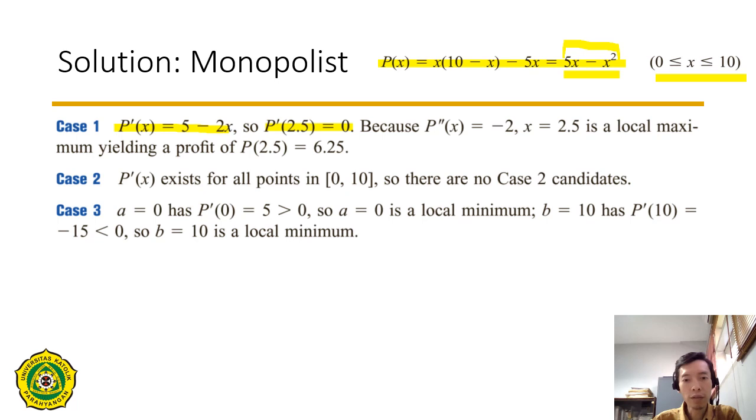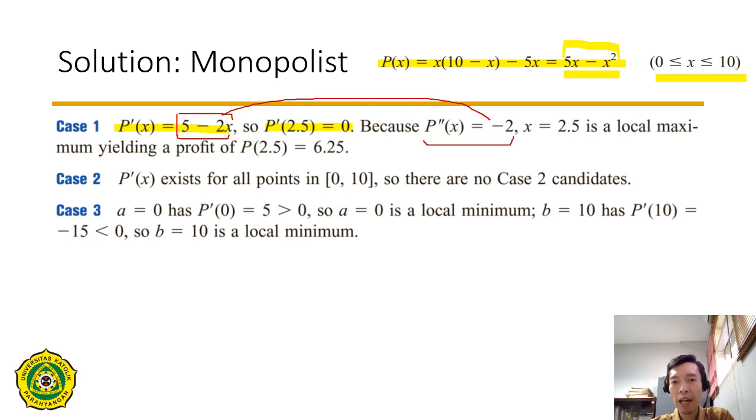From here, you take the derivative again with respect to x, and we obtain that the second derivative is minus 2. So at that stationary point, x equals 2.5, we can see that the first derivative equals 0 and the second derivative is negative, which means the slope keeps decreasing.